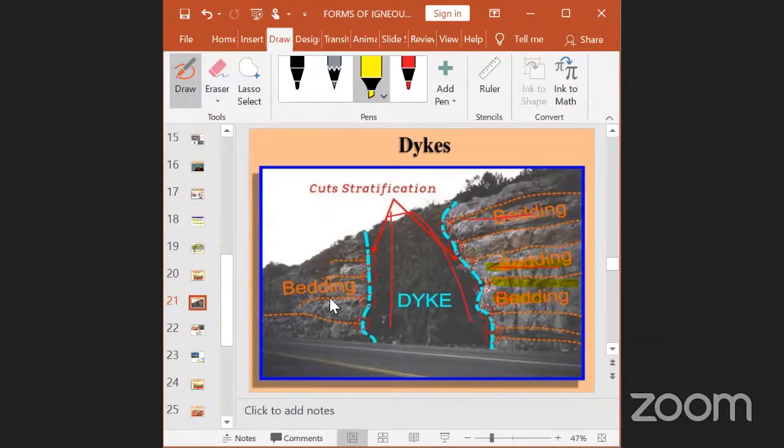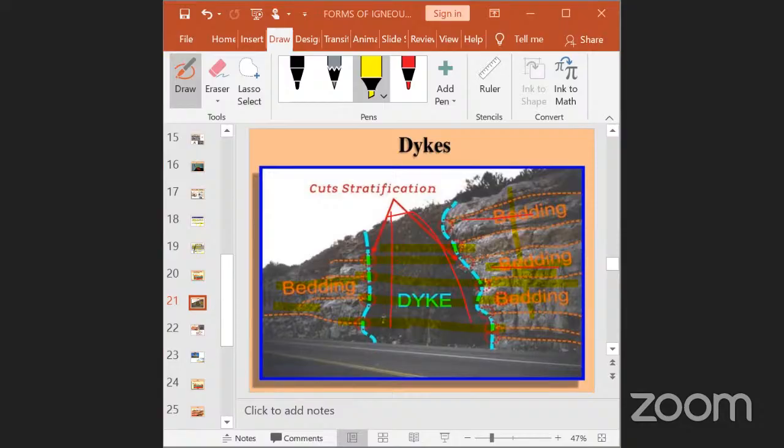They occur cutting across the bedding planes of the country rocks in which they are found. Dikes and sills are the most common forms of igneous rocks.